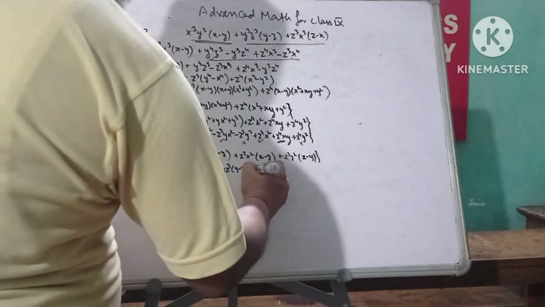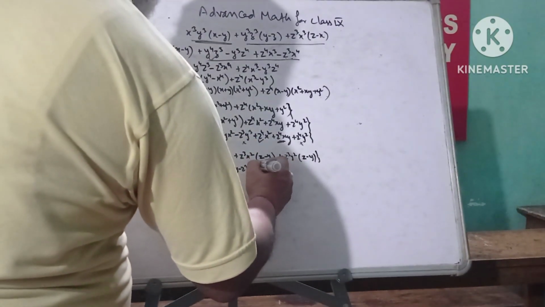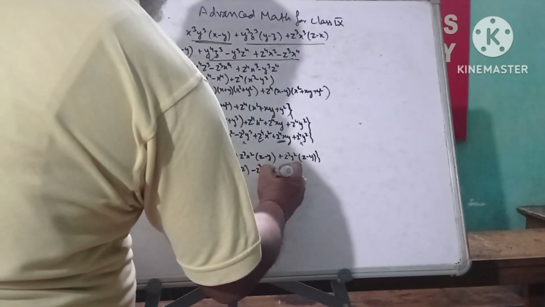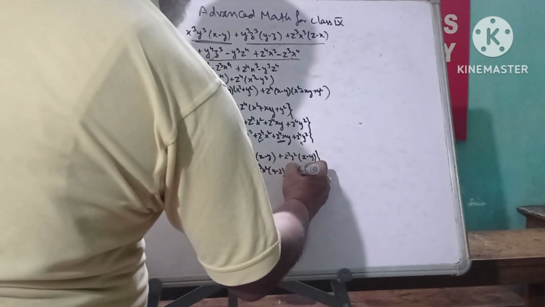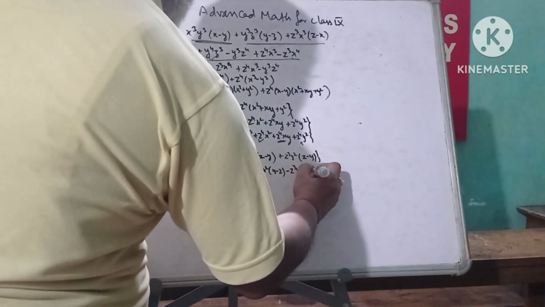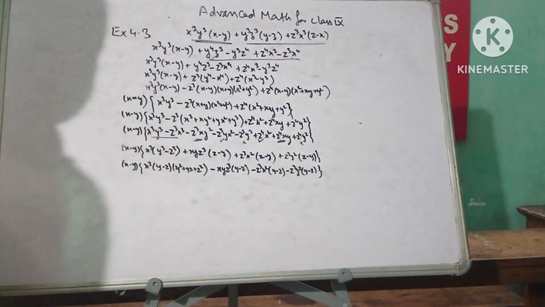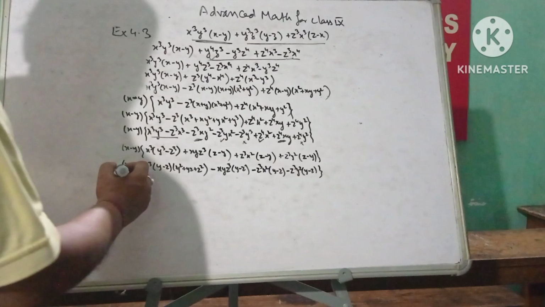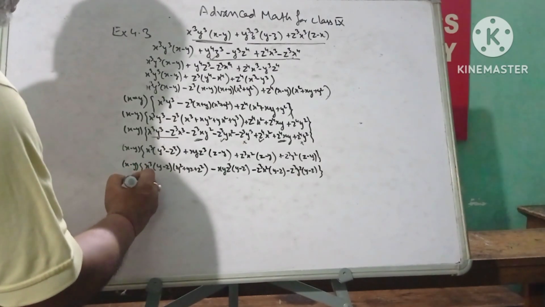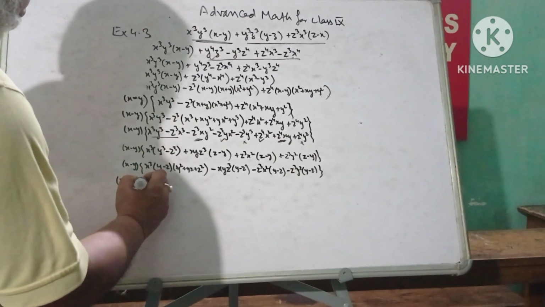Here again minus common, so this will be z cube x square y minus z. Again here again minus common, z cube y square y minus z. You are going to get this. Now you take y minus z common, so x minus y, y minus z.